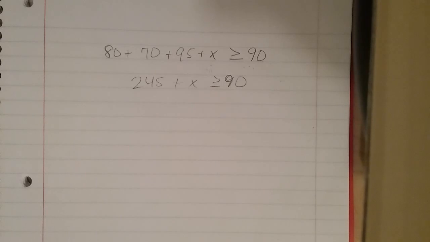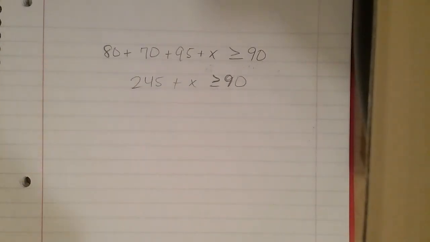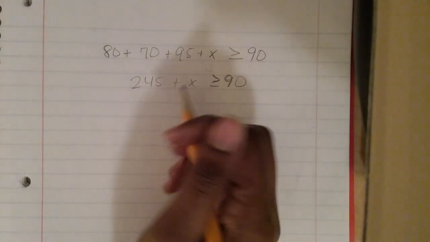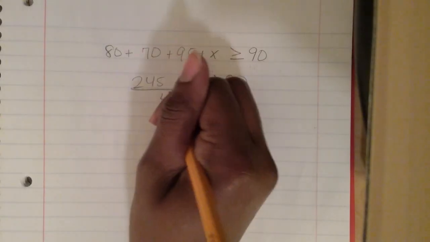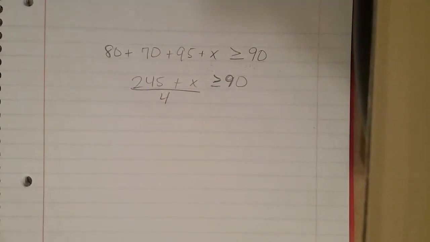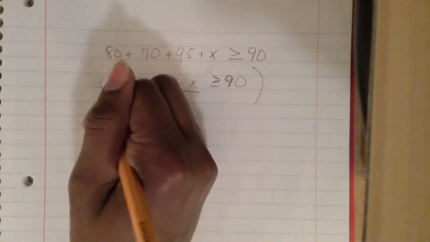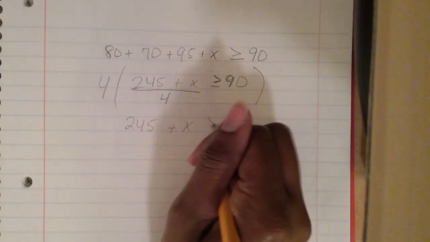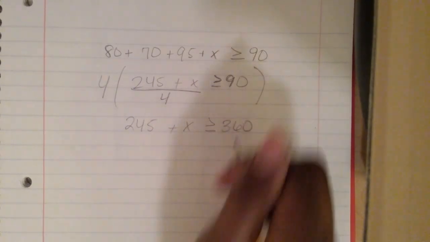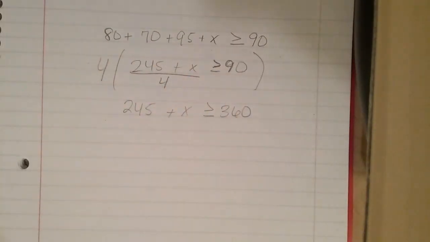All right, the very thing to remember about this is that it includes an average. So that means that we are dividing this number by how many? By 4. So in order for us to get rid of that 4 that's on the bottom, we multiply both sides by 4. So that becomes 245 plus x is greater than or equal to 360, because 4 times 90 is 360.